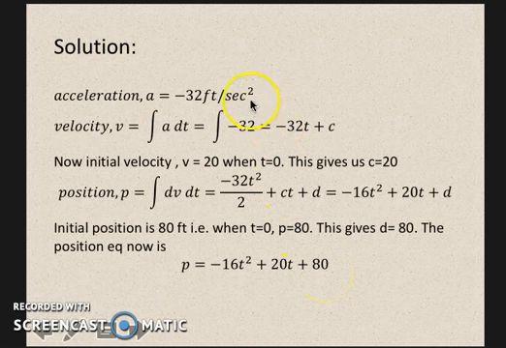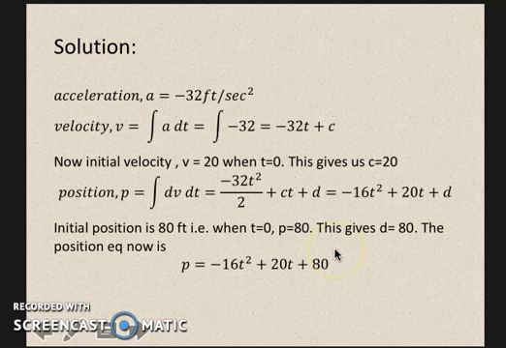So we started with the acceleration, took the antiderivative of that, and used the fact that initial velocity is 20 to find the value of the constant c here, and the same thing with the velocity. You take the antiderivative of the velocity to get the position and plug in the values, and you get your position equation as this.